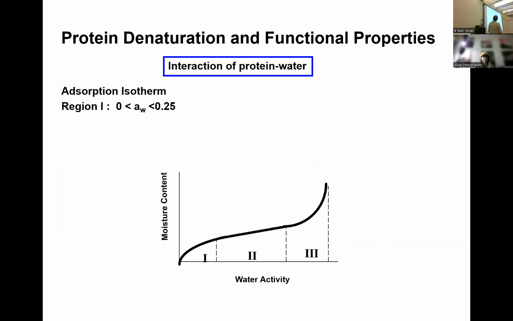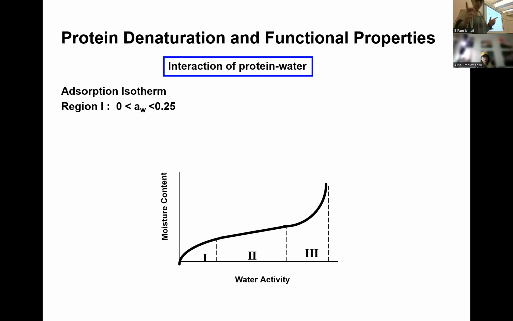So this is your isotherm, which really is just telling you that you have three degrees of water activity, or three regions. Usually the first region is just below the monolayer or at the monolayer of your water. So what happens in that first region? You have very strong interaction with water.